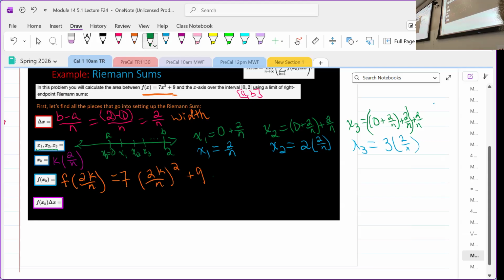Yuck. So this will be 4k squared times 7 will be 28k squared over n squared plus 9. That is what f of x sub k is. So this is our height.